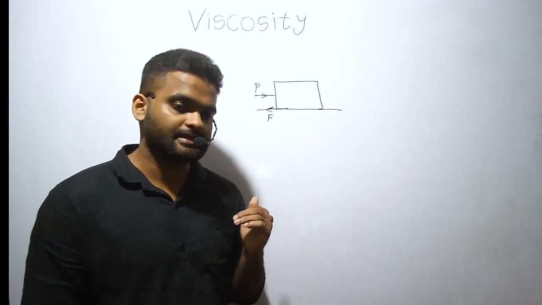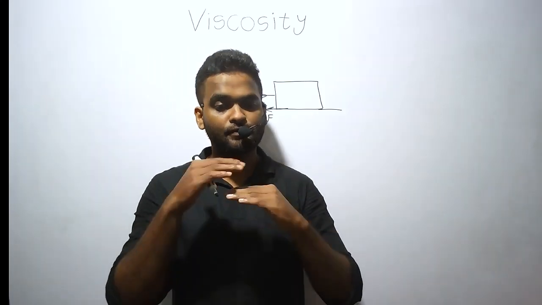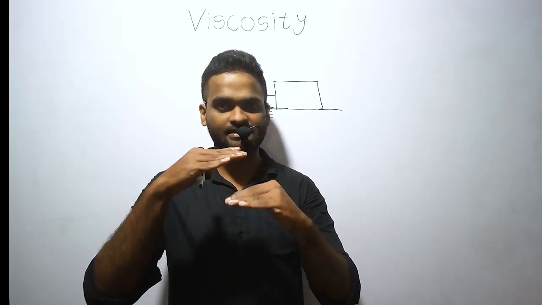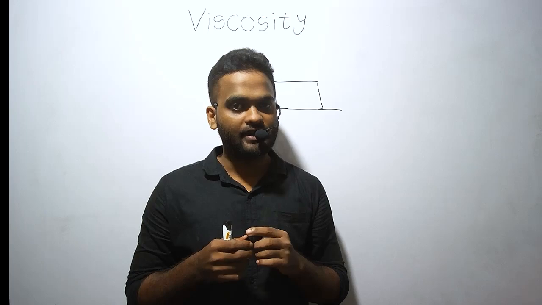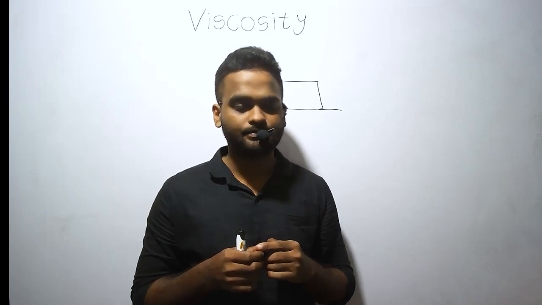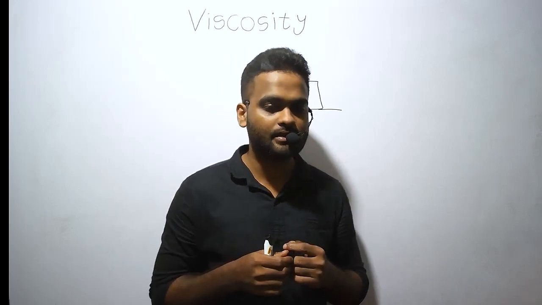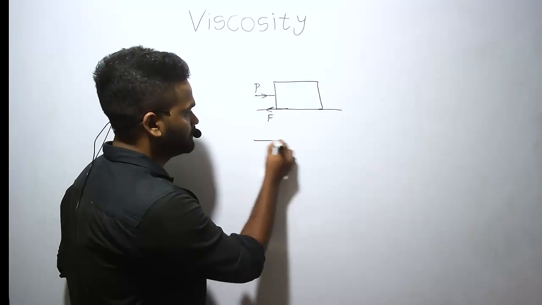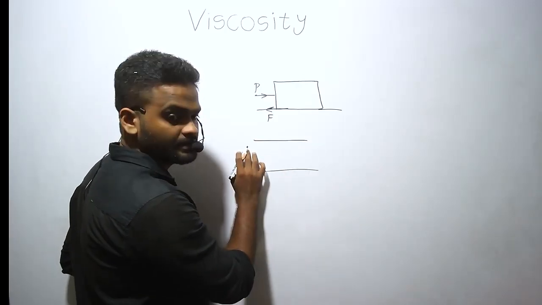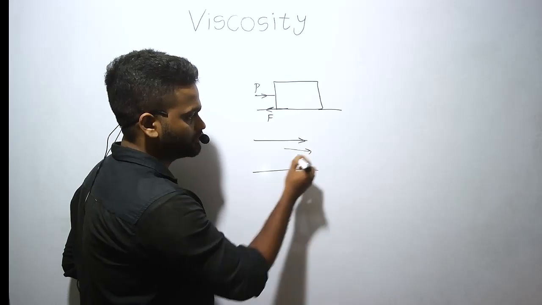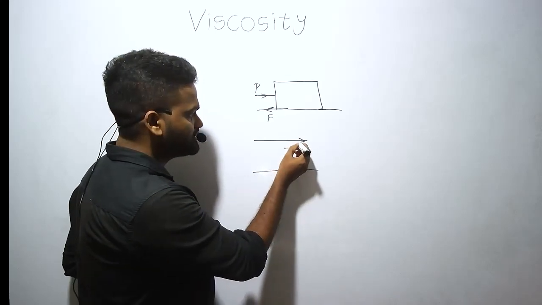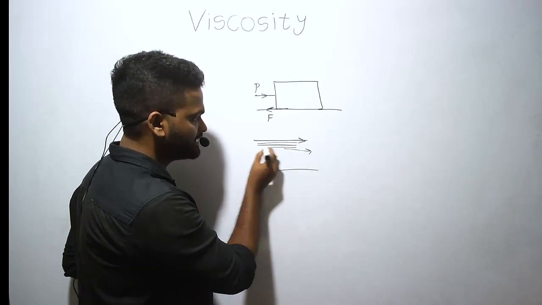But in this lesson, it is about friction between liquid layers, right? So when you consider a liquid, let's say this is a liquid that is flowing, right? You can imagine liquid layers like this.